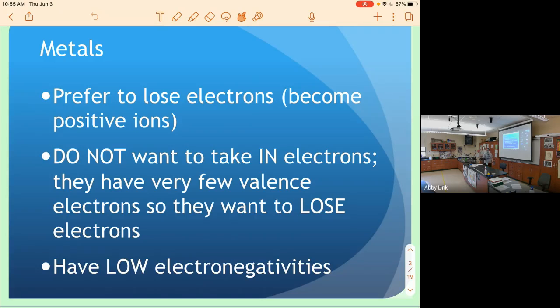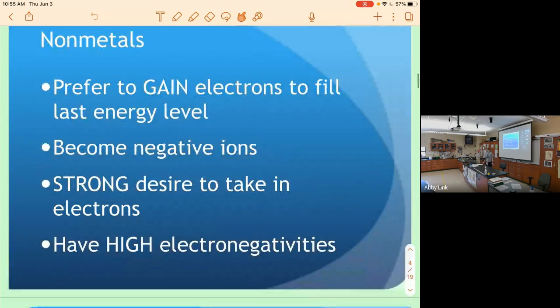All right, nonmetals, you've already probably predicted, they're the opposite of metals. They prefer to gain electrons, okay? So we're talking about oxygen. Oxygen has 6 valence electrons. It has 2 options, give up 6 or gain 2. You know he's gonna gain 2, okay? That's way easier than losing 6. So your nonmetals prefer to gain electrons.